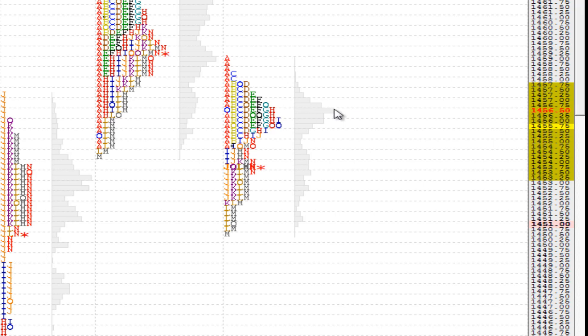Did buyers and sellers agree that a certain price is value, a price where we agree on what value is? If you look at 1459, buyers and sellers did not agree that this price was value. And so price spent very little time here. Buyers and sellers did not agree that this is a correct value for the market at this point in time.